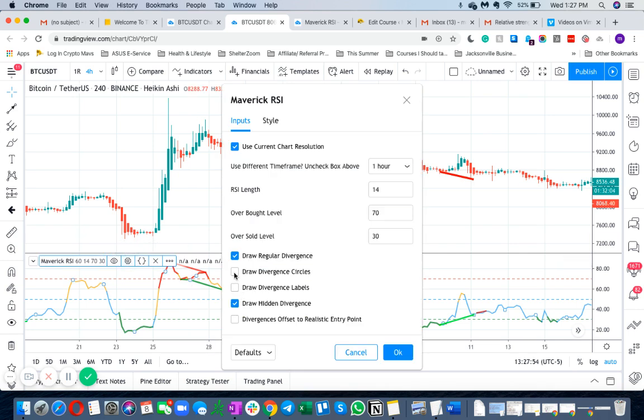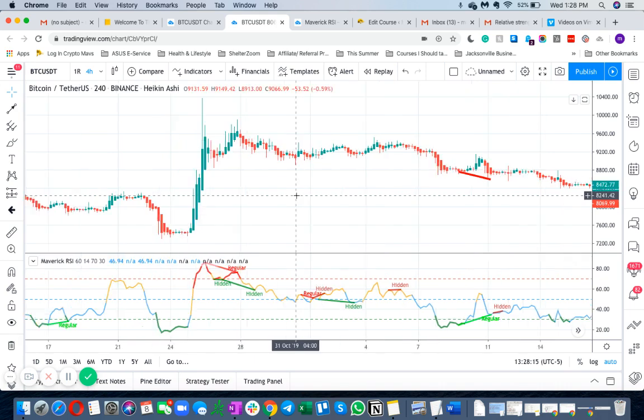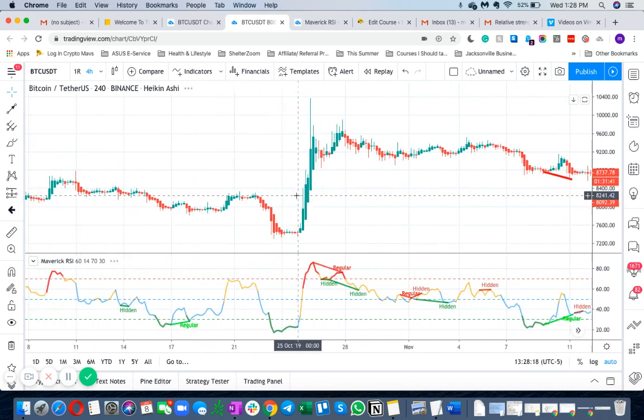But basically, it's a different type of divergence, and it's important to know because you would trade differently based on it. So if I have both regular divergence and hidden divergence on the chart at the same time, I'm going to want to check this box to draw divergence labels, just so that I know which one is hidden and which one is regular. So that's nice to have.